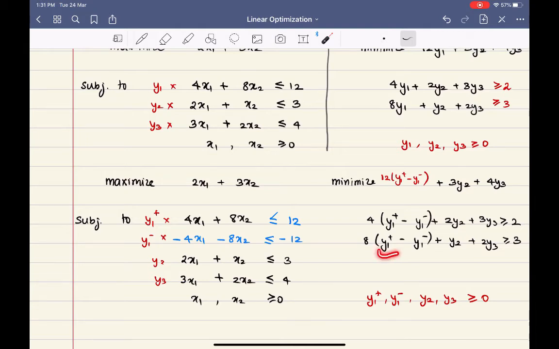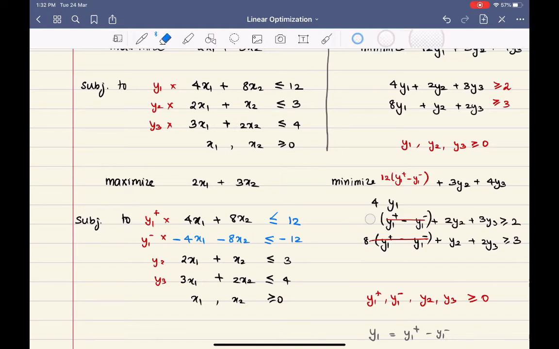Now what if we call this variable y1? Clearly we can replace it, so what we are going to do is set y1 equal to y1 plus minus y1 minus. So this can be rewritten, let me strike it through, and we get 4y1 plus 2y2 plus 3y3.